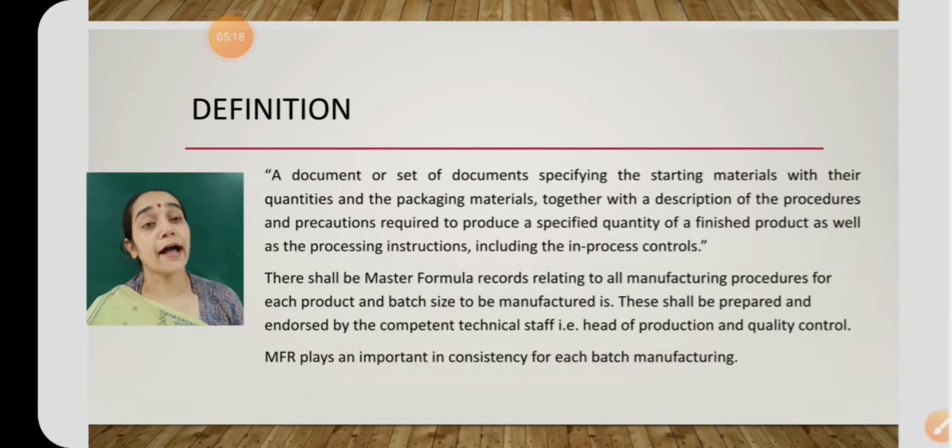After weighing, I will do the mixing, milling, sieving, whatever may be required, and then I will do the addition of a binder. Since I am preparing by the wet granulation method, I am going to add the binder that will be in the liquid state.